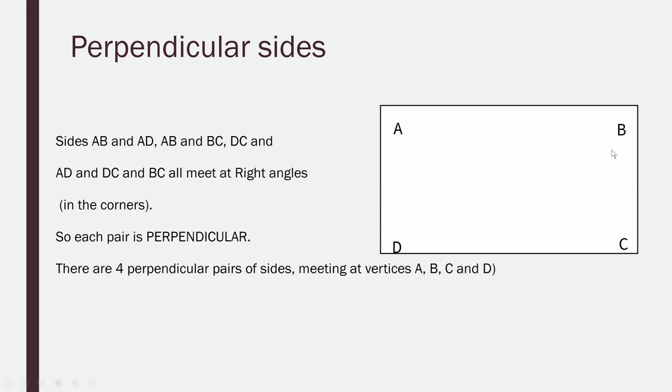So over here we have AB and AD, and those are meeting at the corner of A. And then we have AB and BC, which are meeting at the corner of B. Then we have DC and again AD, and those are meeting at the corner of D. And we have DC and CB, which are meeting at the corner of C. And so all of these are meeting at right angles, which makes them perpendicular and not just intersecting. They are intersecting, but they are perpendicular. There are four perpendicular pairs of sides here, and they're meeting at the vertices, meaning the corners, A, B, C, and D.